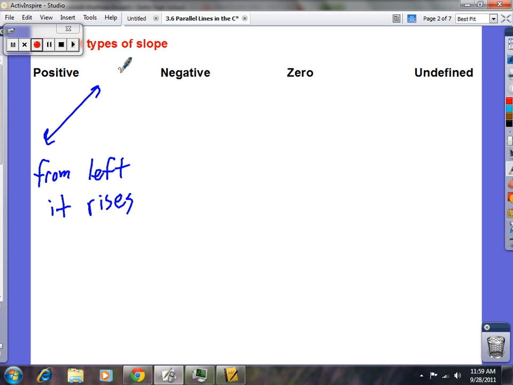If you're looking to the right, it's going up. Negative slope, if you're going to the right, it's going down. So from the left, it falls.